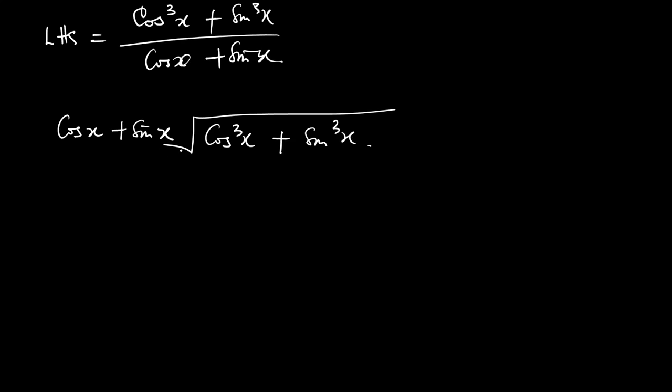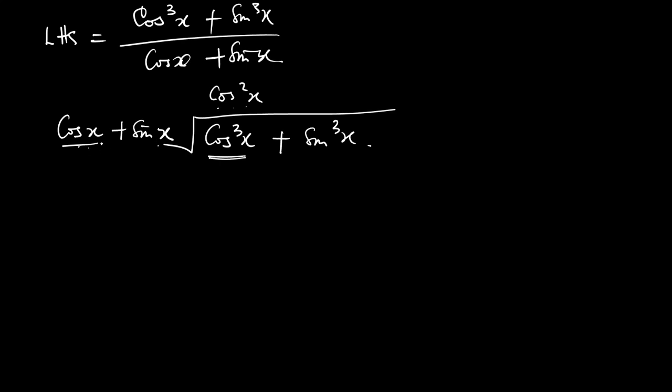We use this cos x to divide this one here, always the first term. So cos cube x divided by cos x, you have cos square x. So we use this cos square x to multiply these terms here.